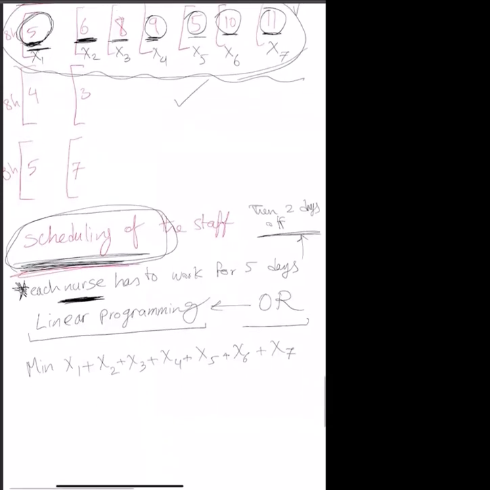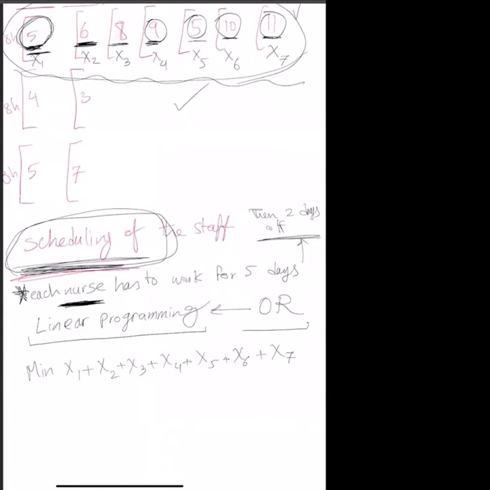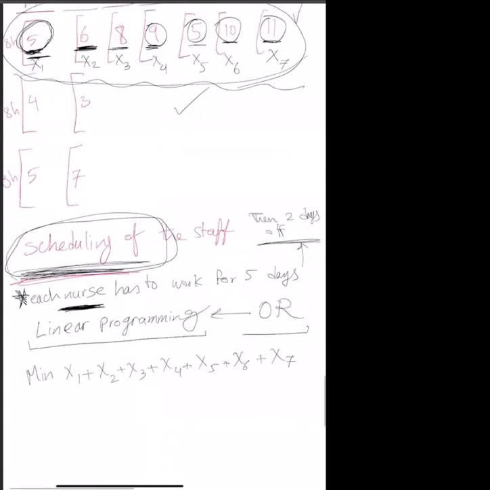And then, okay, what is the other condition that we want to have? So what I want to make sure is that on Monday, I have 5 nurses. So can you tell me, obviously the number of nurses that start on Monday, X1, they are going to be counted toward these 5 nurses that we need on Monday.